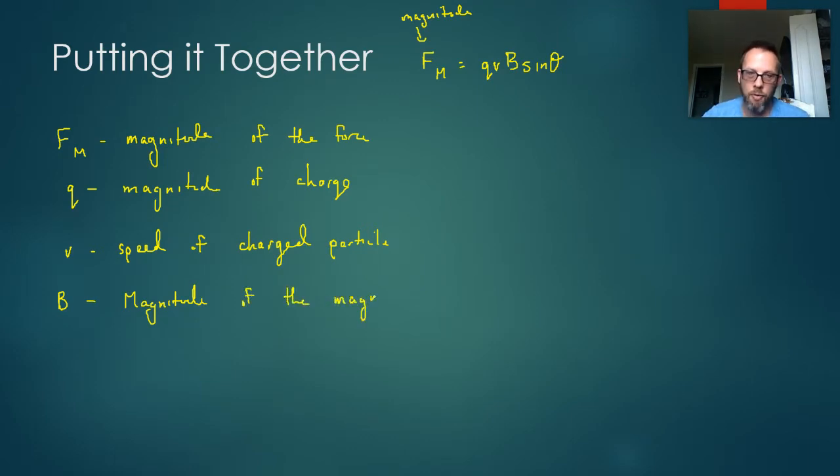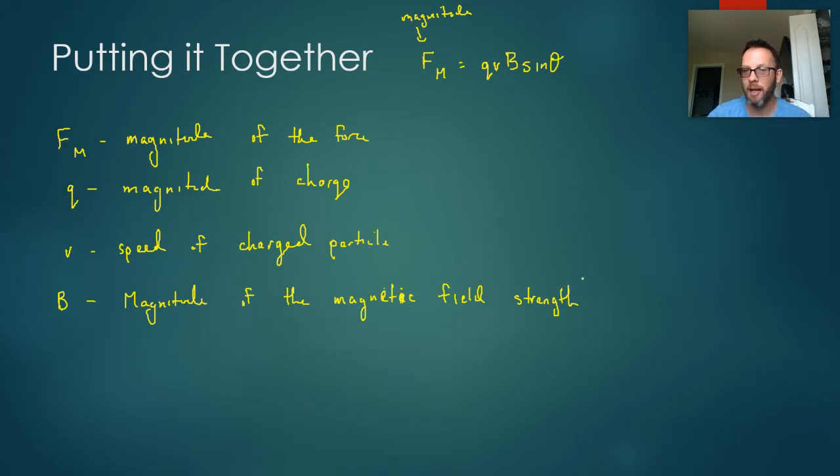Now this is a new variable, the magnetic field strength, and it has a new unit. Right now, I'm just going to tell you what that unit is. It might not be till after a future lesson that we have a solid understanding of how we can interpret this unit.